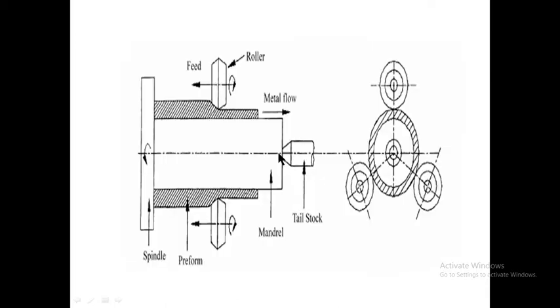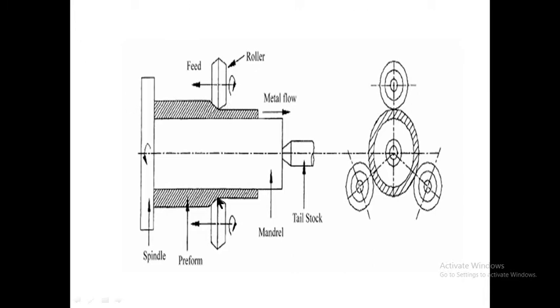Here you can see the diagram of this flow forming process. The mandrel is fixed inside the workpiece and is continuously rotating. Here is the symbol of this rotation. Because of the rotation of the mandrel, the workpiece on which the mandrel is inserted also rotates along with it. There can be two rollers, or maybe one or more than three rollers, but a minimum of one roller.